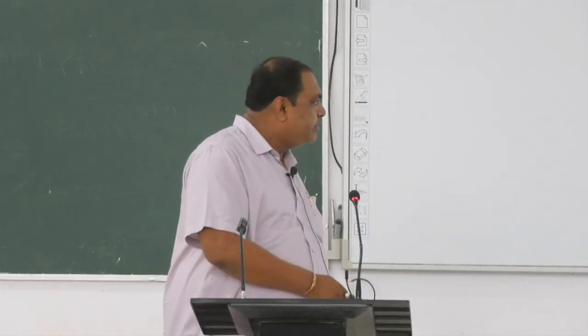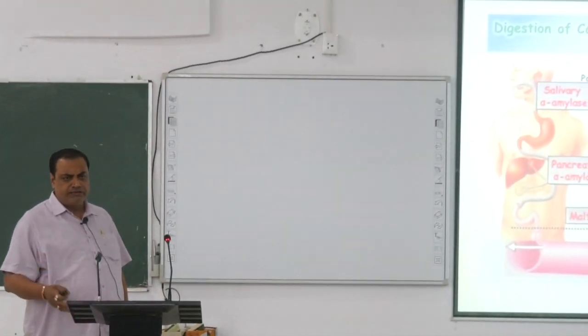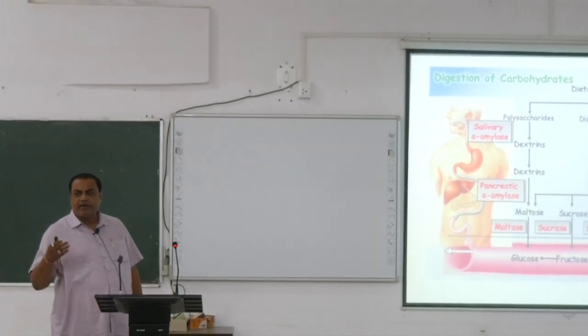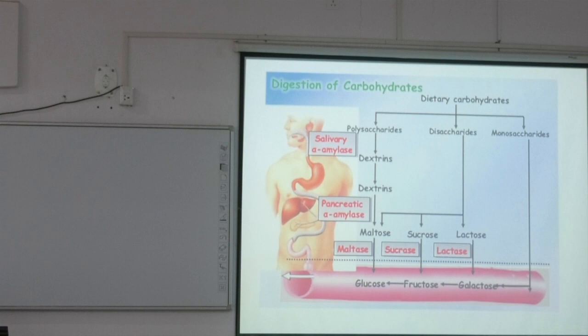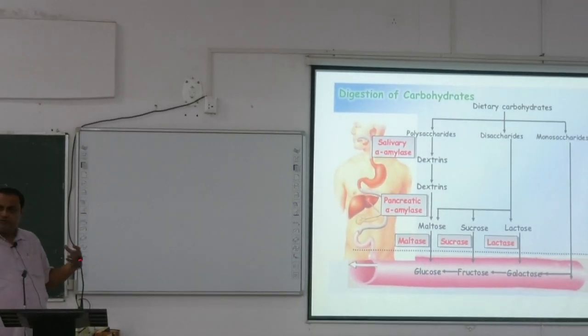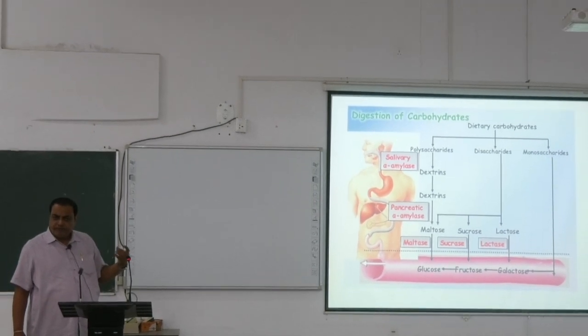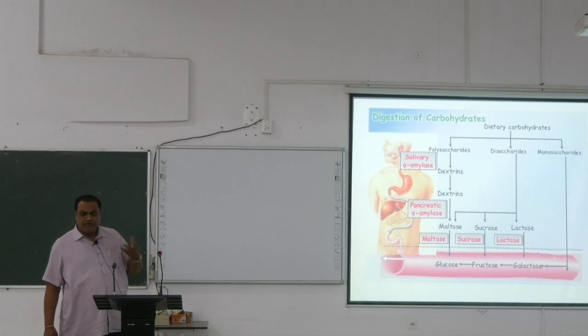Now then we have the series of amylose breakdown. First comes amylodextrin, then comes erythrodextrin, smaller than amylodextrin. Then dextrin, red color. What is the color of iodine with glycogen?